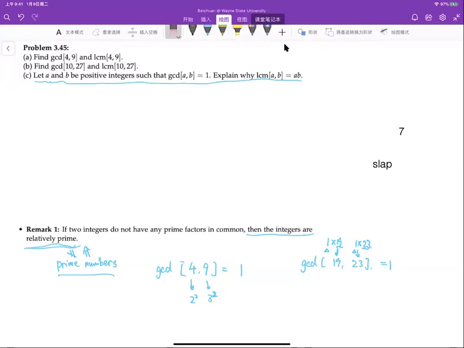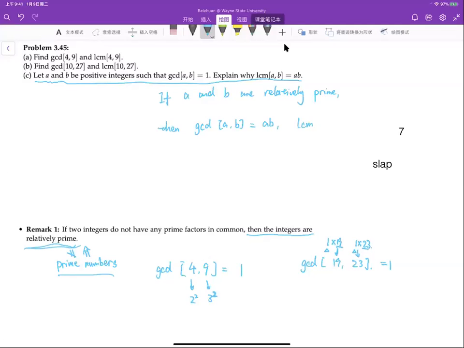If A and B are relatively prime, then you can easily find the GCD and LCM of the two numbers. Then the GCD of A and B is just equal to 1, sorry about that, GCD is the greatest common divisor, so their common divisor is equal to 1, right? That's the definition.